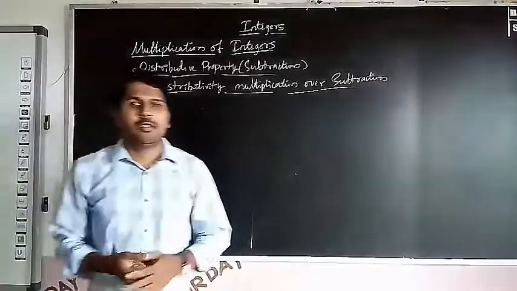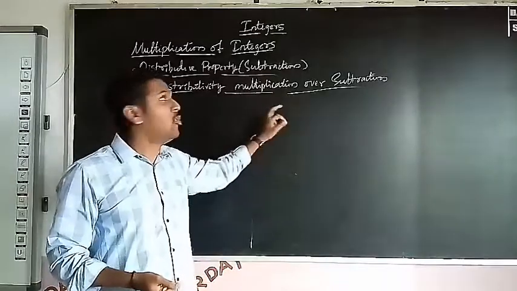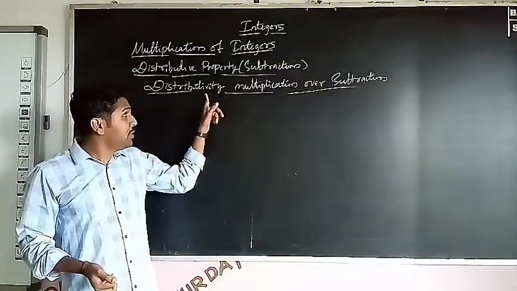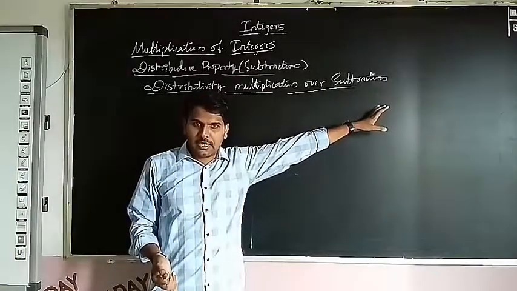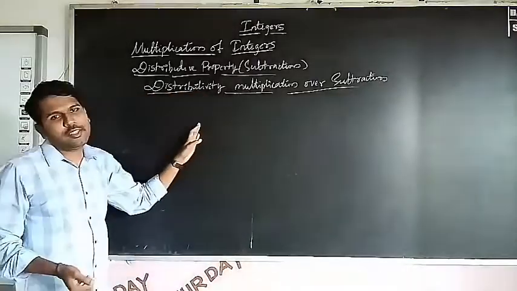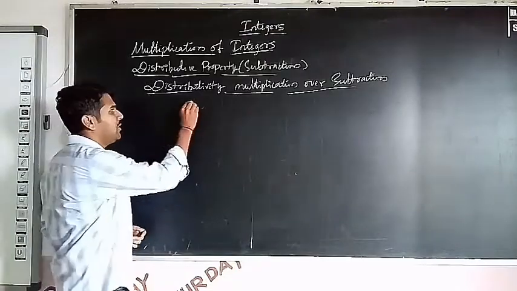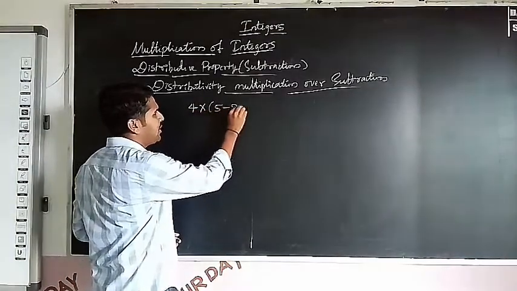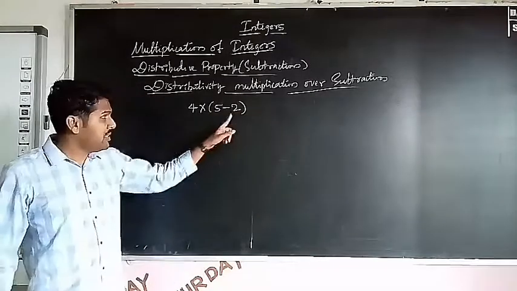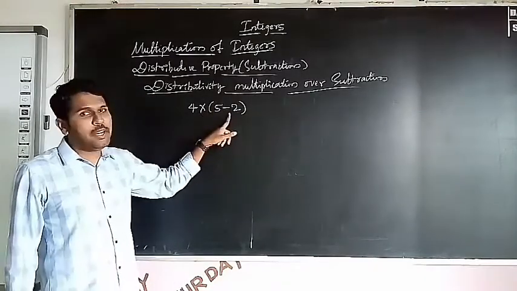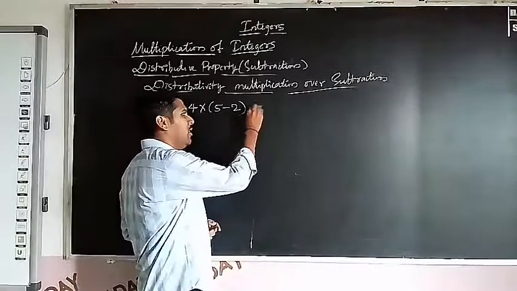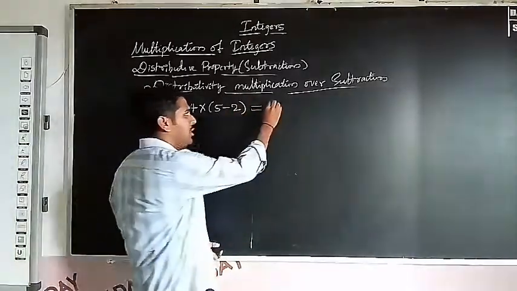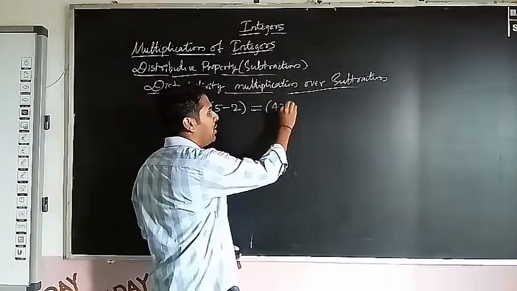Okay. So next one is the distributive property for subtraction. Distributivity, multiplication over subtraction. Okay. First take one example. 4 into 5 minus 2. This is multiplication over subtraction, no? How to write this one? First we should multiply 4 to 5, so use the bracket 4 into 5.